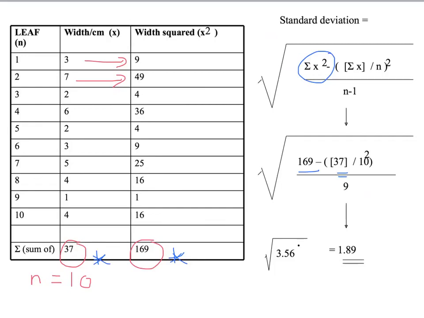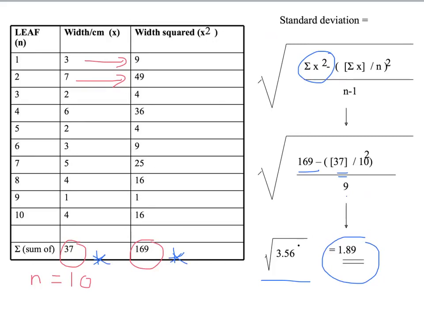And we square all of that. And we divide by n minus 1, which would be 10 minus 1, which is 9. And if you work all of that through, that will come out as the square root of 3.56 recurring, which leaves you with a number of 1.89, and that is our standard deviation.